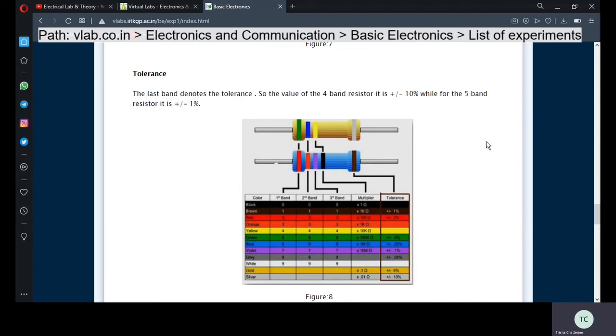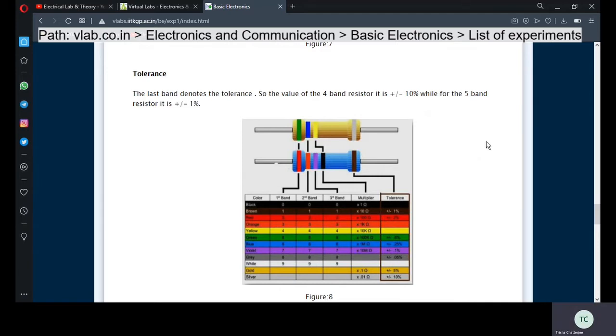So now what is a tolerance? Tolerance means the range of values within which the resistance value is acceptable if we take a multimeter reading. Whenever we check the value by the bands and we measure the resistance with a multimeter, there may be some value difference, right?